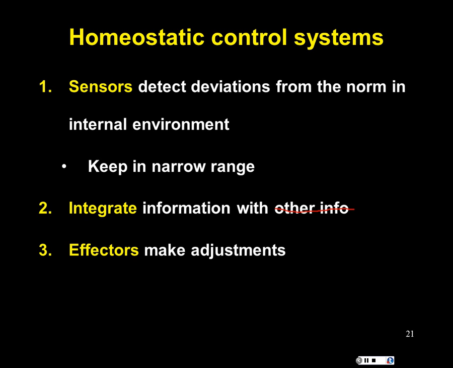See if it's at set point. If it's not, it will activate an effector, whether it be a cell or molecule, whatever the pathway is. And the effector will bring about the changes, hopefully to bring the factor back to the set point. We'll know if it is because its sensors are still sensing the molecule.